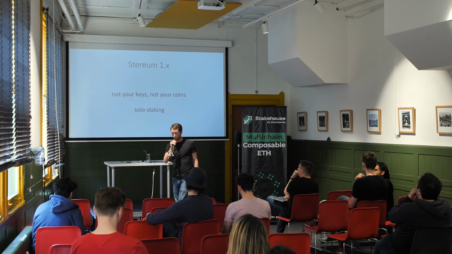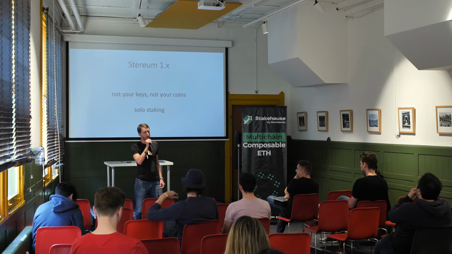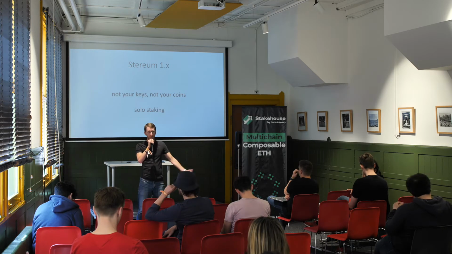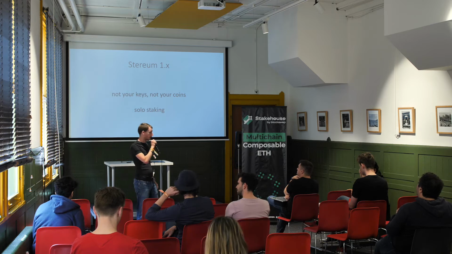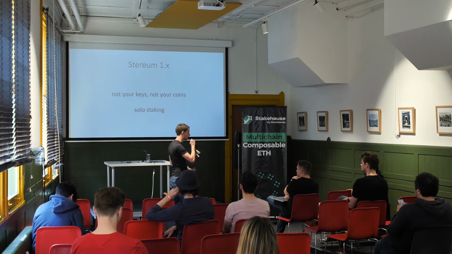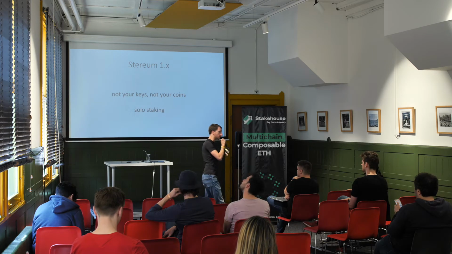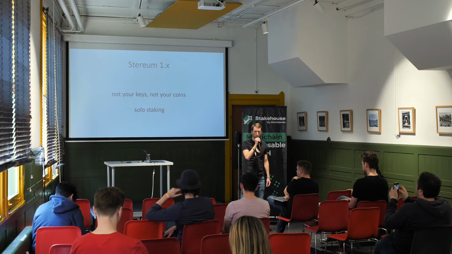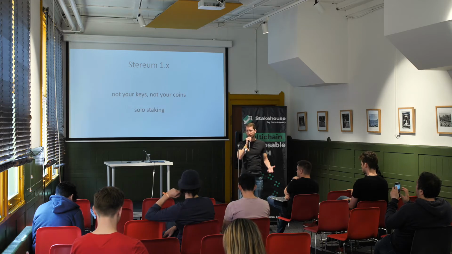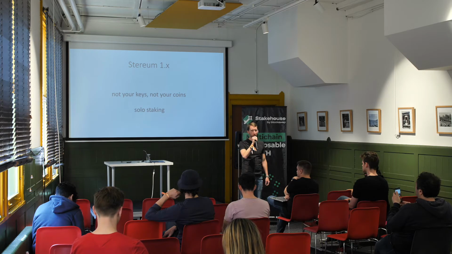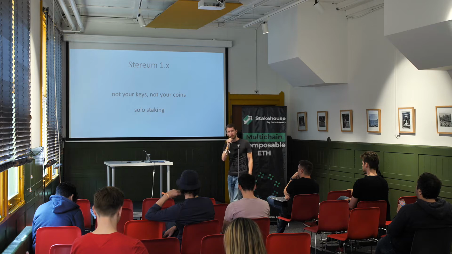In the beginning of 2020, I read about Ethereum staking. Back then it was pretty new. So I read about the most commonly used consensus client. That was Prism. It is still by far the most used client, but it decreased a little bit in popularity.